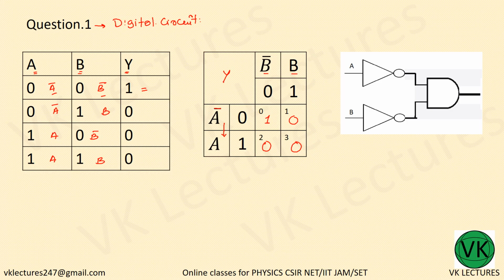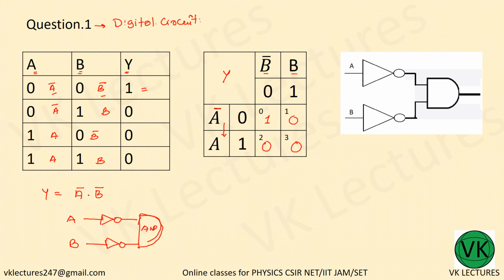So according to the digital circuit, the output Y is equal to A bar dot B bar, which means if you have an input A, it has to be negated, another input B also has to be negated, and this has to go through the AND gate.